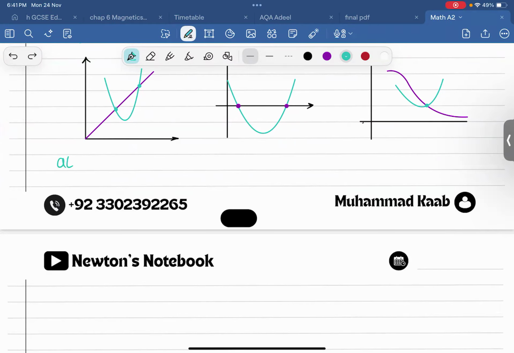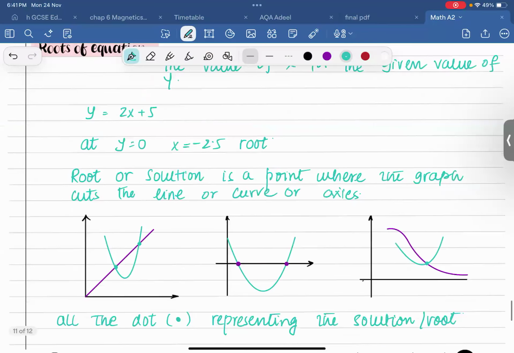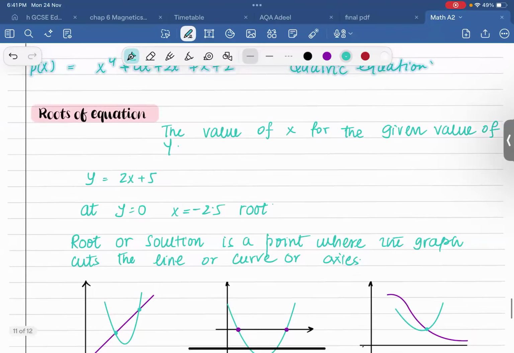All the dots represent the solution or the roots. So if one value of the root is given, you can figure out the other value of the root, right? This is another concept of the root.